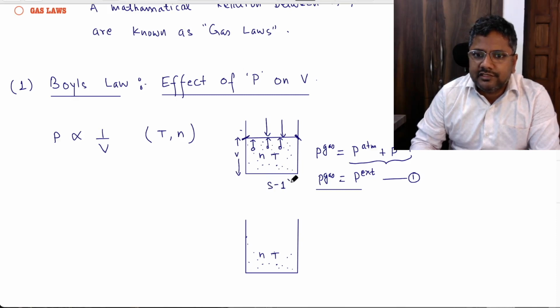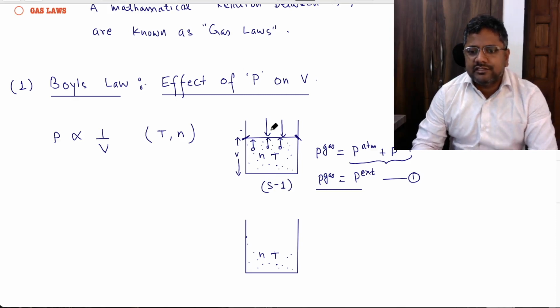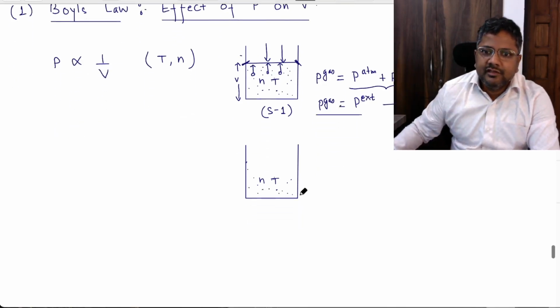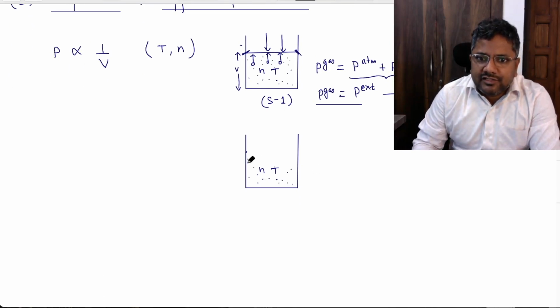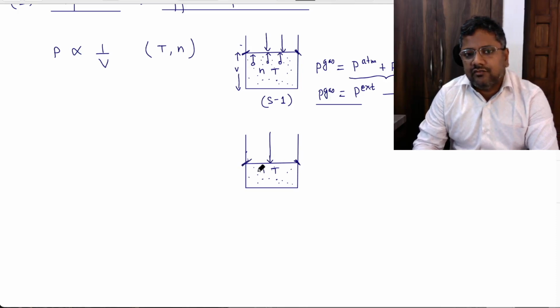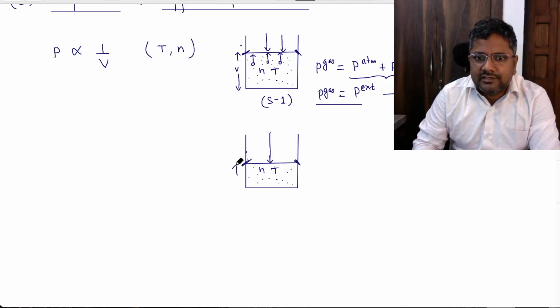This you can say state 1, because this is a state of my system. N and T are constant, V is constant, and P is also fixed. Now if the piston is pushed down, suppose a stronger clip is required this time, because we are decreasing the volume, and this is V dash.